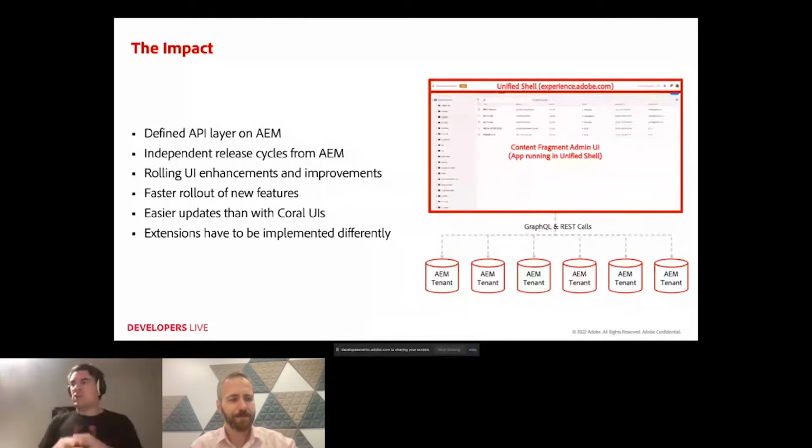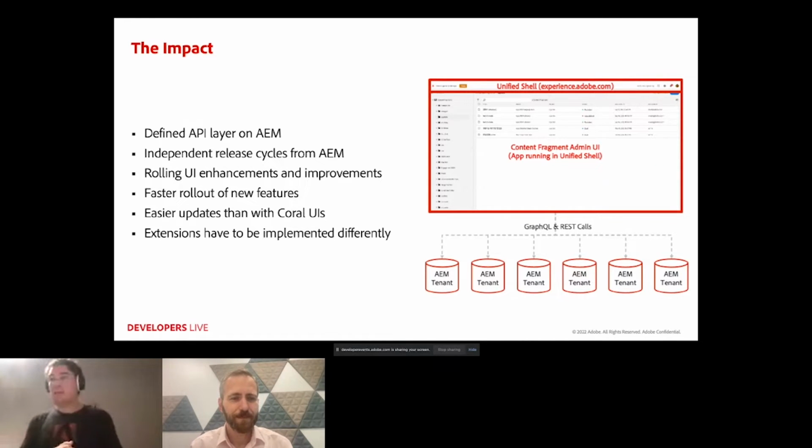The good thing is also the UI itself is going to be independent of the AEM release cycle, which means we can roll out new UI features, enhancements, improvements by just a click, obviously with a little testing and making sure everything works. But we are a lot quicker and you will see new features and improvements rolled out very fast, and I think it's a benefit for every one of us.